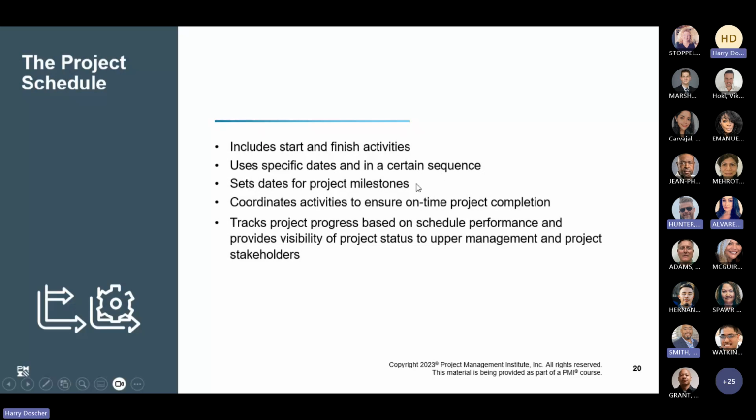We can use the schedule to determine if it's highly probable, or we don't have a snowball's chance in Hades on that. You can also use it to track progress.